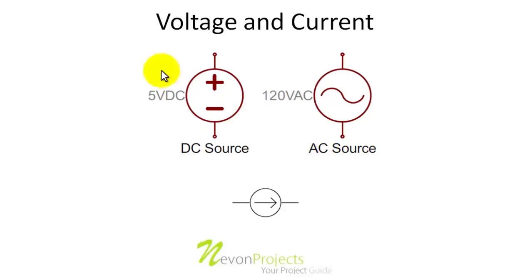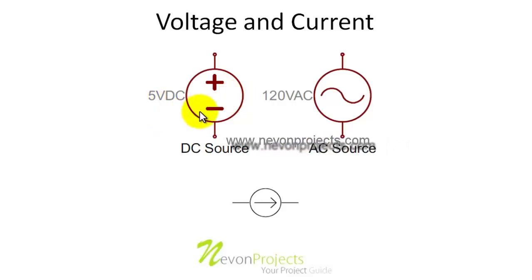What the battery supplies is actually voltage and current, and these are the various symbols for the voltage source. Suppose we have a DC source, then the symbol for the DC source is given as this, with a plus and minus symbol.